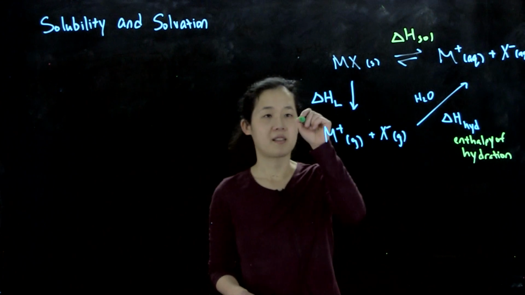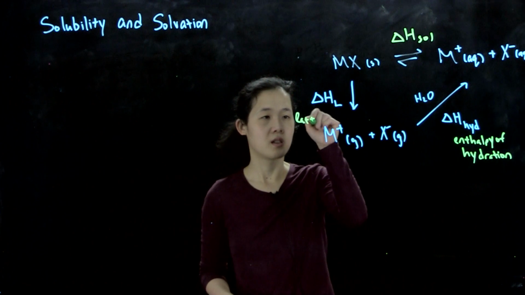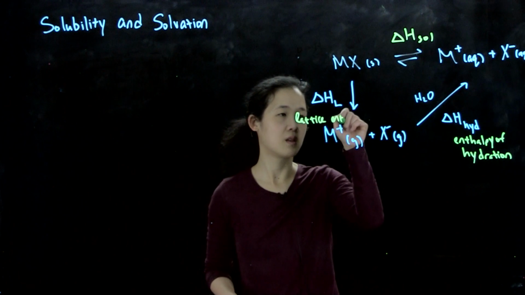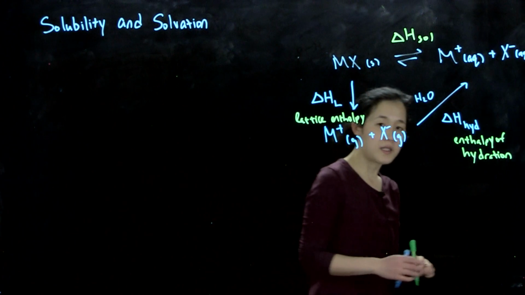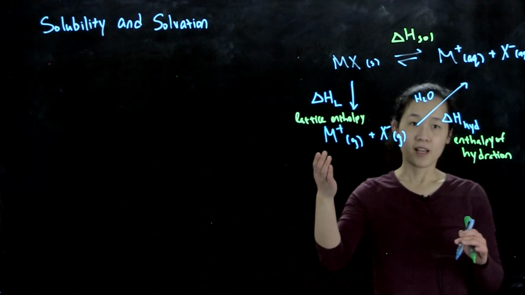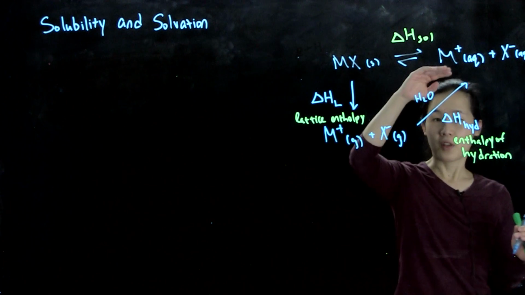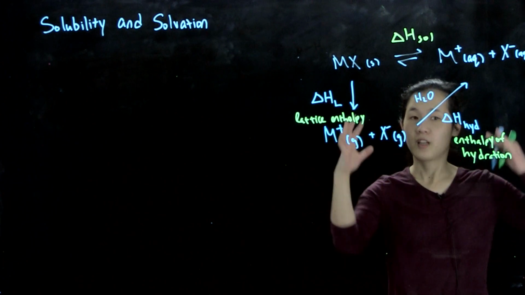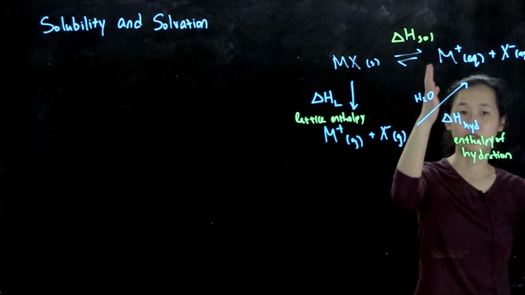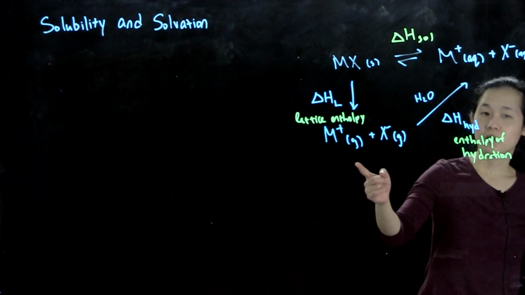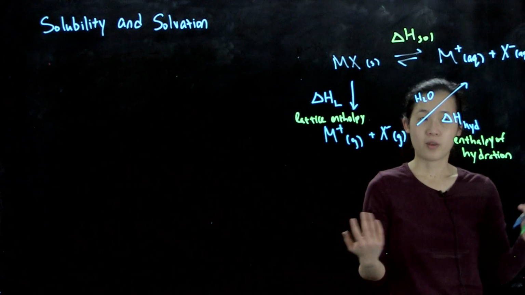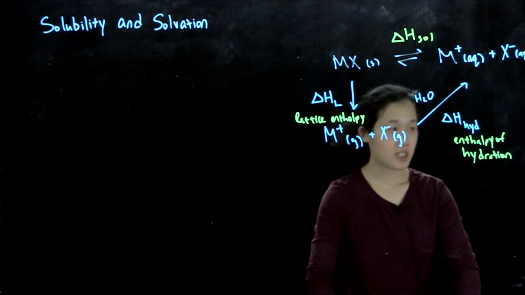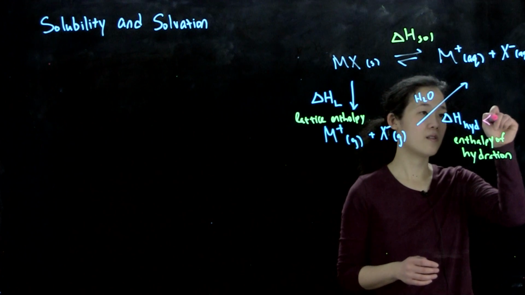And then this is called the lattice enthalpy. And so the enthalpy of hydration is because this gas phase ion doesn't have waters bound yet, but we said before that the aqueous ions have that solvation shell. So there's a number of waters bound to it. And so, of course, this forming bonds releases energy, it's exothermic. So the enthalpy of hydration is going to be exothermic. It's less than 0.